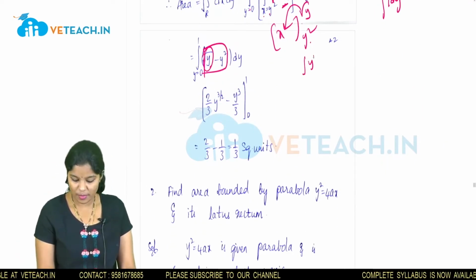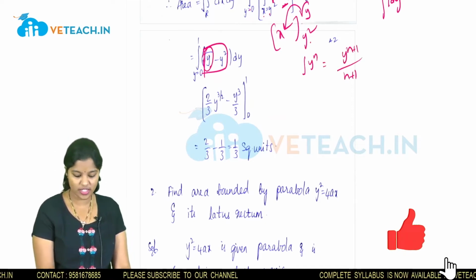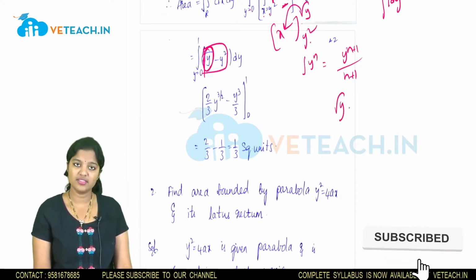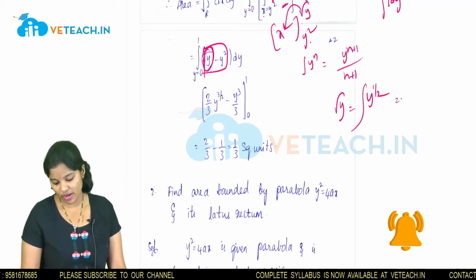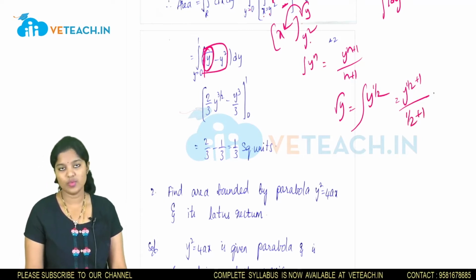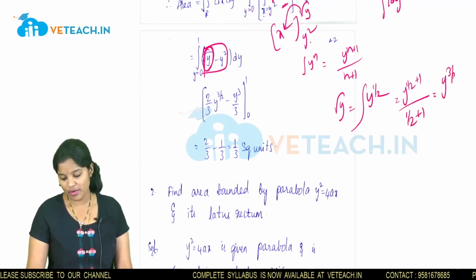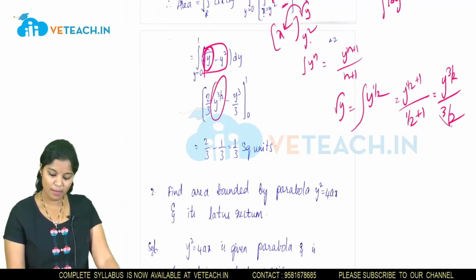Integration of y power n gives y power n plus 1 by n plus 1. Here we have root y, that is y power 1 by 2. So the integration of y power 1 by 2 is y power (1 by 2 plus 1) by (1 by 2 plus 1), that is y power 3 by 2 by 3 by 2.